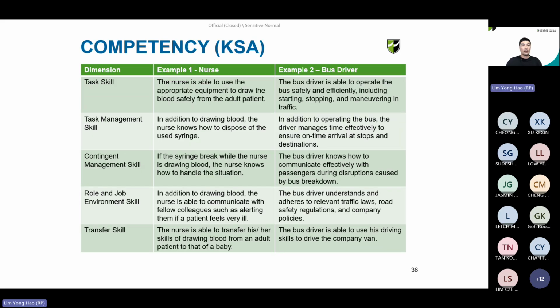Okay, again, some examples, quickly. Nurse is the one that I'm more familiar with. Maybe you look at bus driver, because there's always not enough in Singapore, and a lot of people also have some complaints about bus drivers. Of course, the task skill, the main thing for a bus driver, is to be able to operate the vehicle that they are supposed to drive.